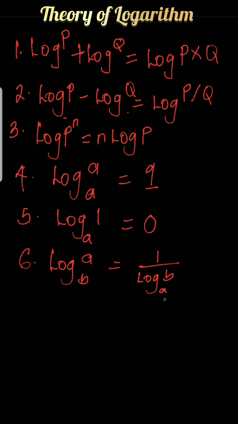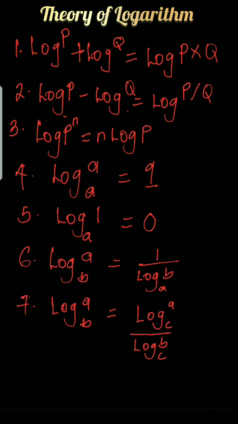The next law is log A base B equals to log A base C divided by log B base C. Now in this law, this is a special law that is used when you want to introduce a new base. You want to change the base entirely.